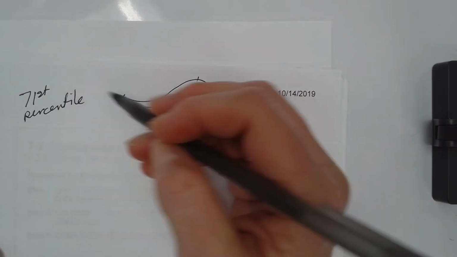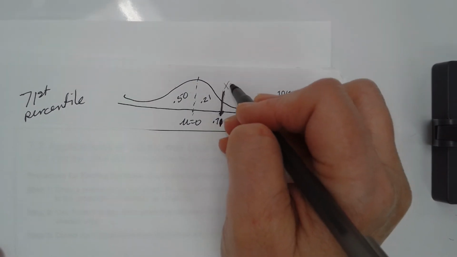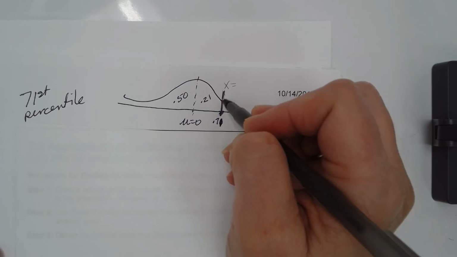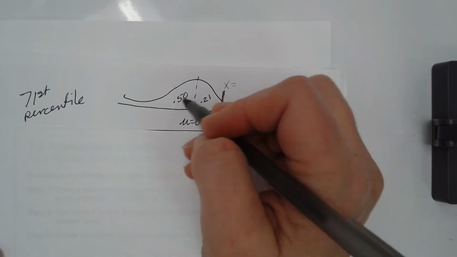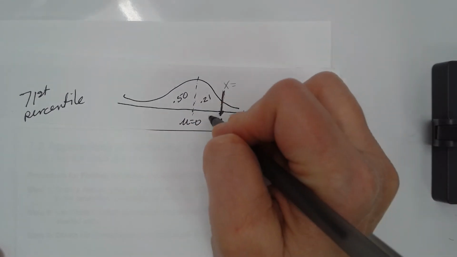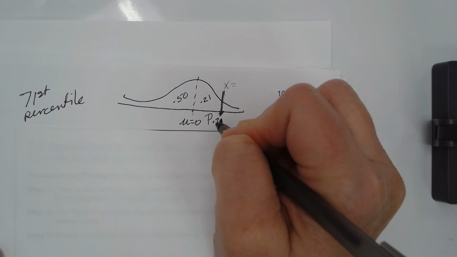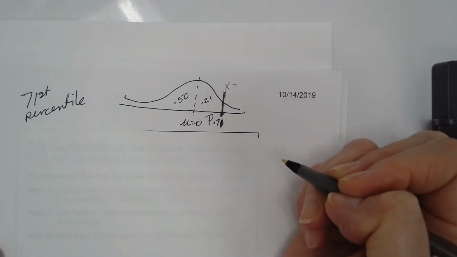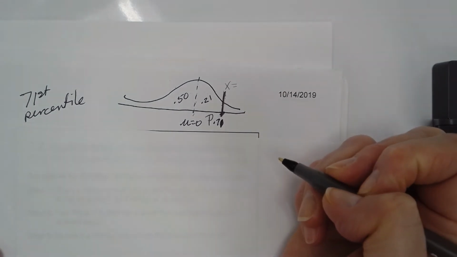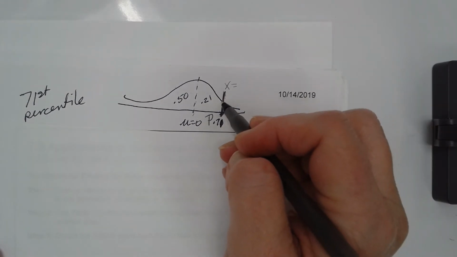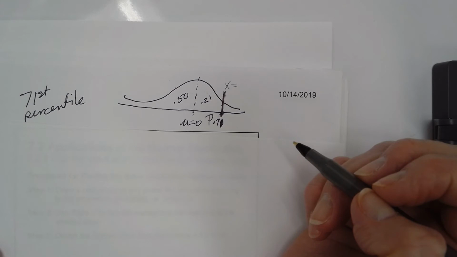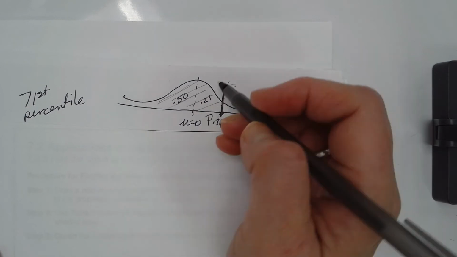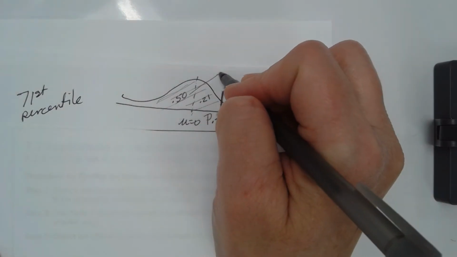So if your X value is this value here, then 71% of the data is less than that. You would write that as P sub 71. So the 71st percentile means 71% is less here, and in this case we know the area to the left is 0.71.